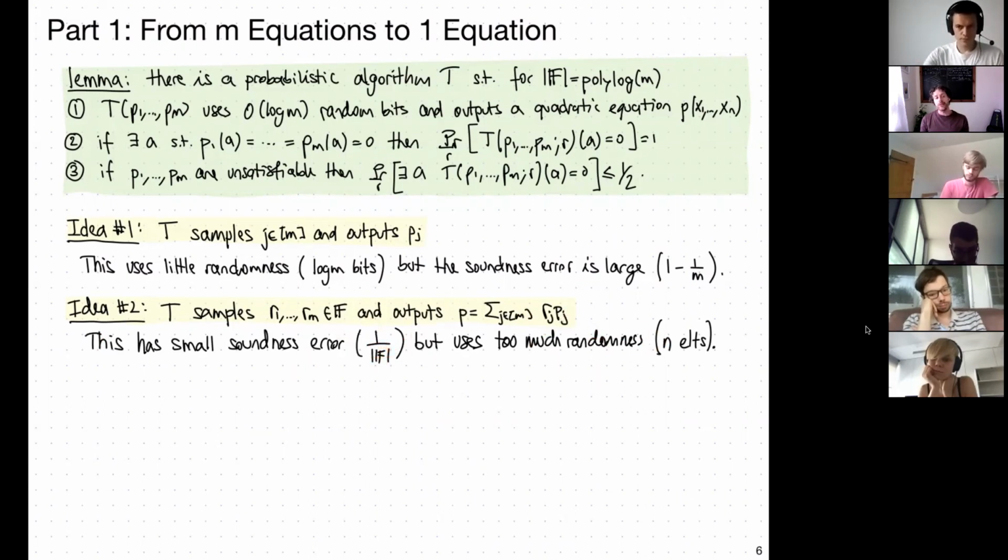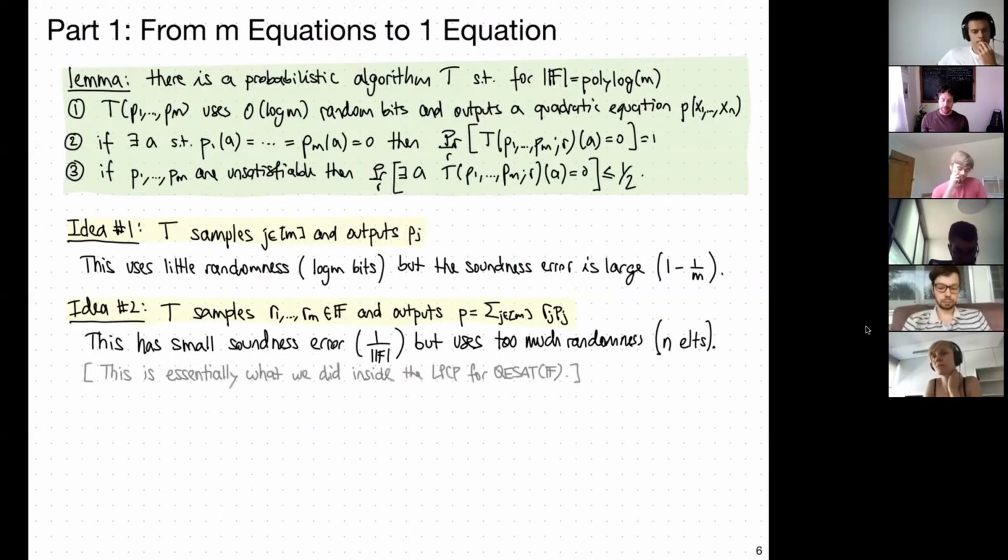How much randomness? We need to choose these m elements, each one of them coming from F. So this is a huge amount of randomness. And if we need to provide a proof for each one of these random cases, then we'll have something which is way beyond our limits. So we need to do something else.